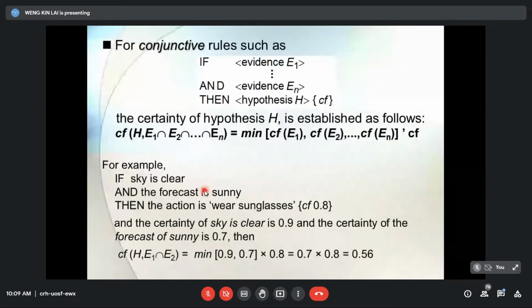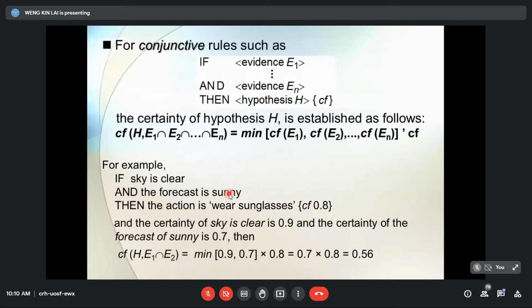Now we are given the certainty factor that the sky is clear. It's 0.9, which is close to 1, quite high. And the certainty factor that the forecast is sunny is based on the weatherman, the radio or the TV telling you the forecast.